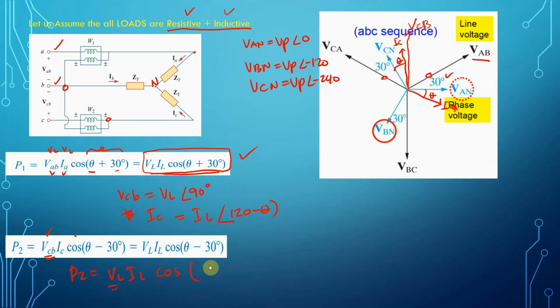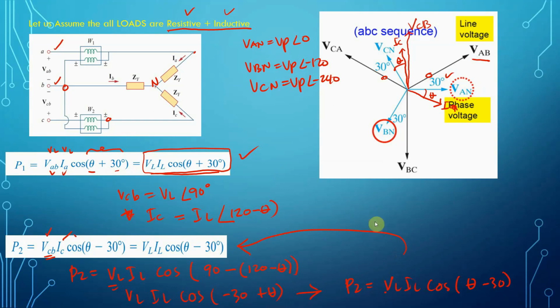Cosine 90, minus the phase angle of this IC, which is 120 minus theta. Right? And simplify this portion. We will have VL IL cosine of minus 30 plus theta. So we can rewrite this as P2 is equal to VL IL cosine theta minus 30, right? Which is now equivalent to this one.